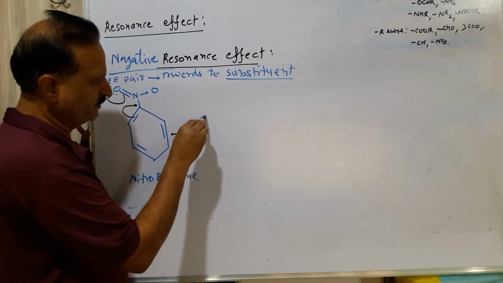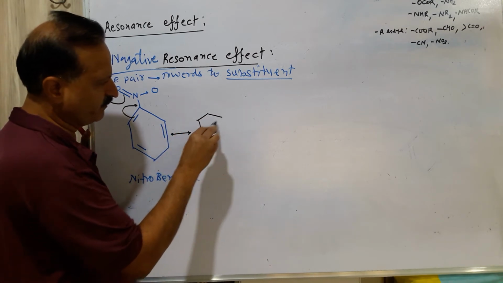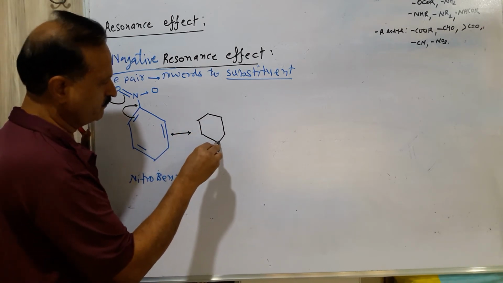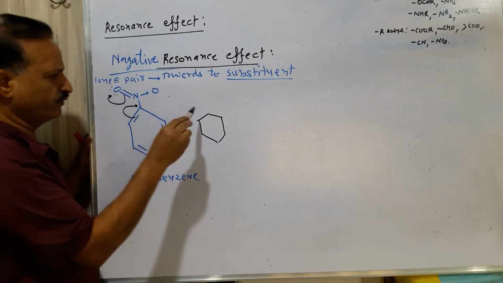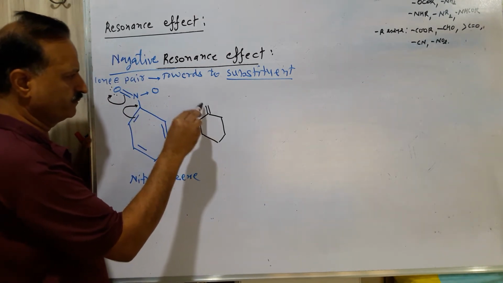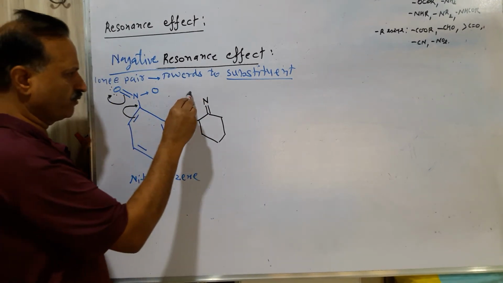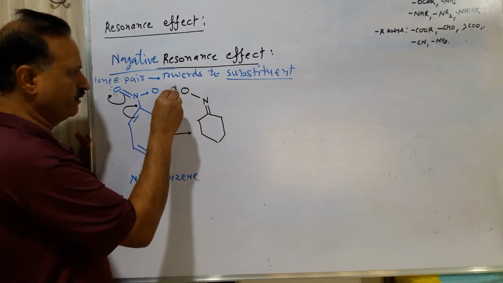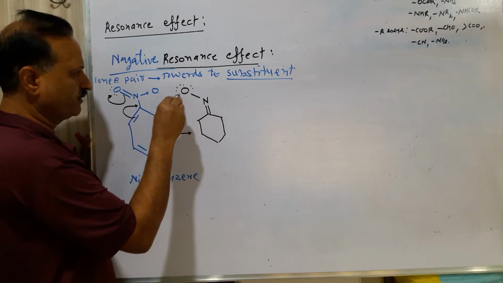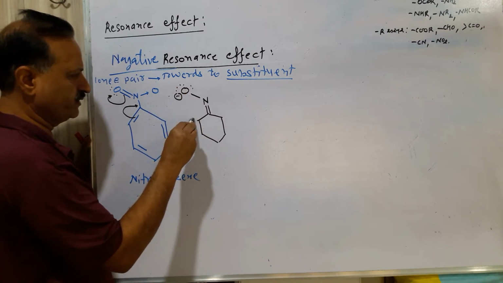The same which I have explained, I am drawing. This bond will convert into double bond, and this bond will convert into electron, single bond, 6 electrons, minus charge. Here is plus charge.